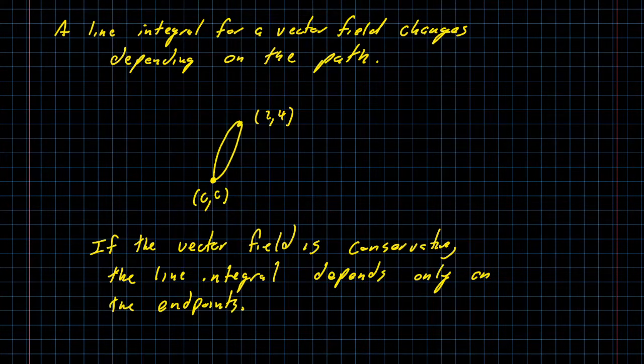If the vector field is conservative, I claim that the line integral depends only on the endpoints and not on the path at all.